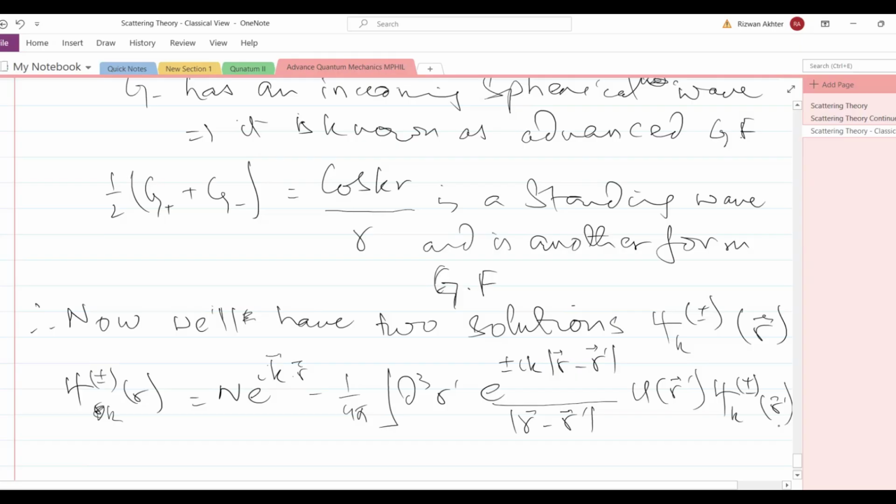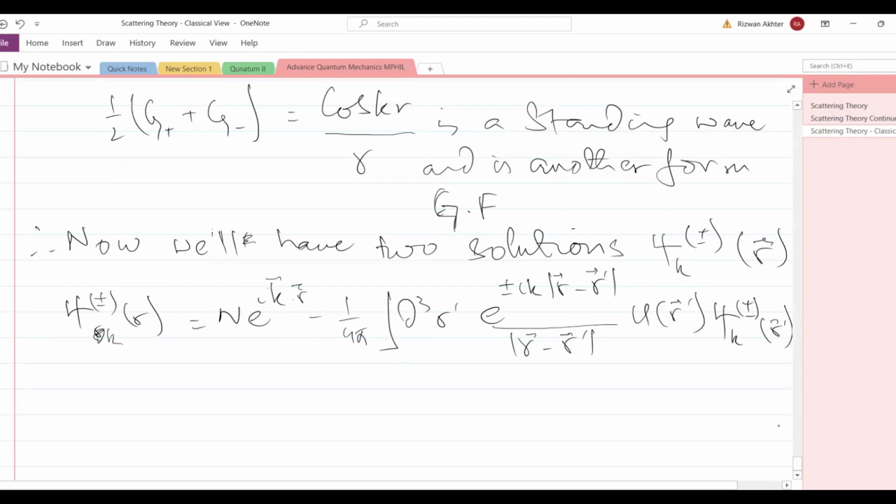Now we see here an asymptotic limit as r tending towards infinity. Then the approximation for mod of r minus r prime, we will approximate using a formula.